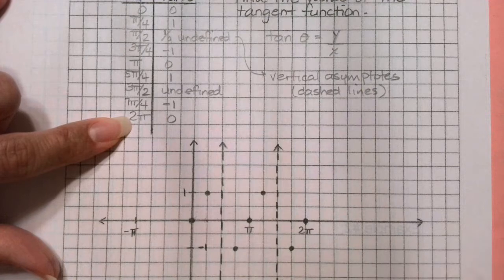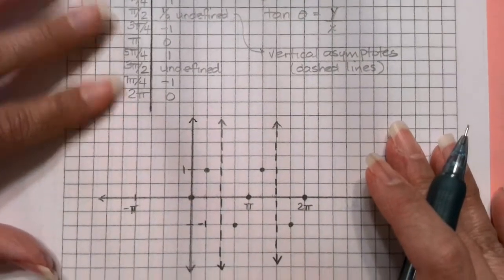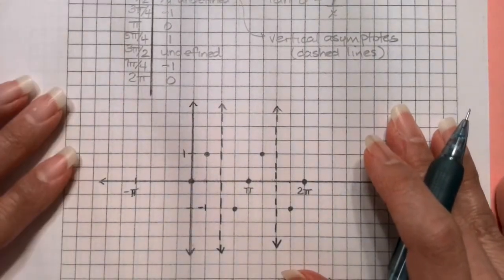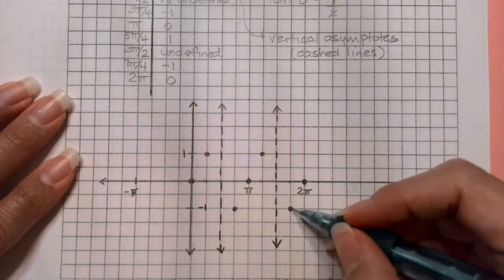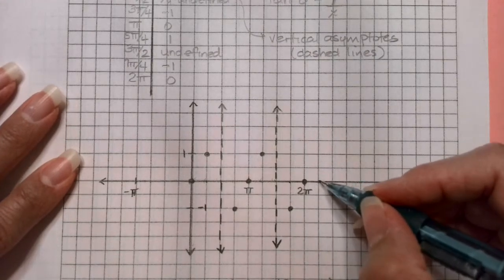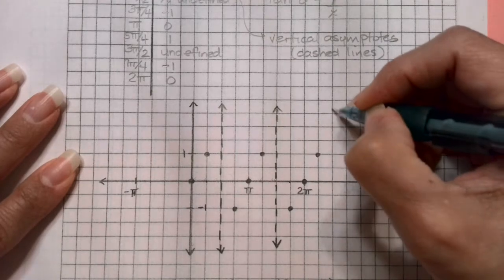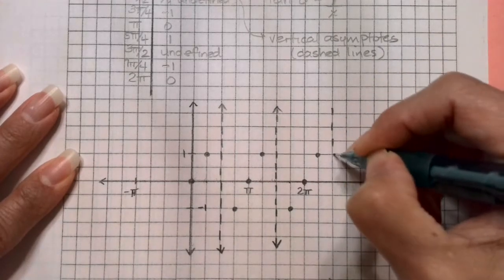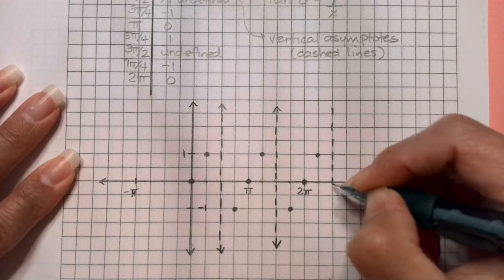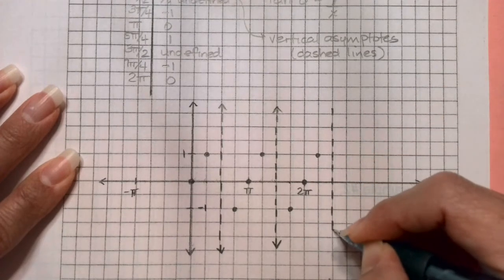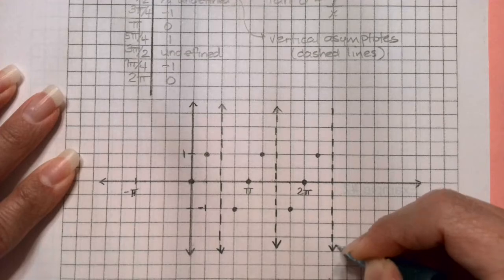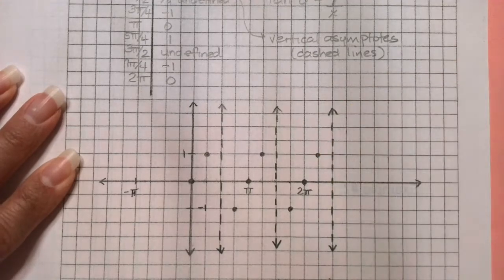So if you notice, there's a pattern that's developing. I'm going to raise this graph a little bit more. If I were to continue this pattern, I know that there would be another point right here, and then there will also be another asymptote happening again. So notice these are going to go infinitely in both directions.